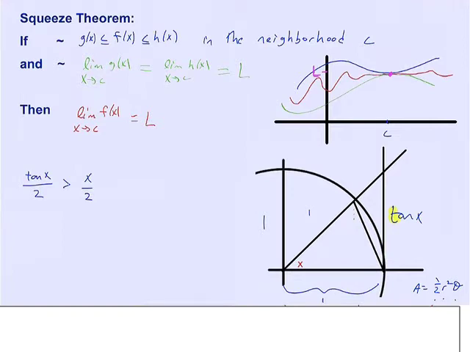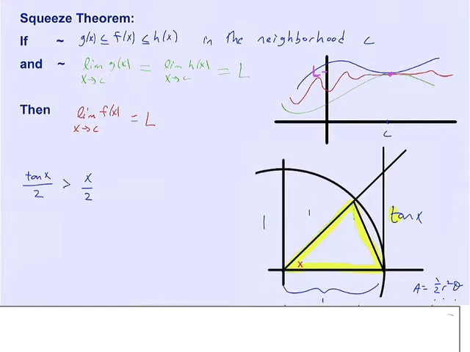Okay, and then there's one more shape in here to look at. It's this innermost triangle. To find the area of that innermost triangle, we would need to draw the height of that triangle. Since this triangle has a hypotenuse of 1, and this height is the opposite leg in a right triangle, this height would be the sine of x, because the sine of this angle would be the opposite over 1.